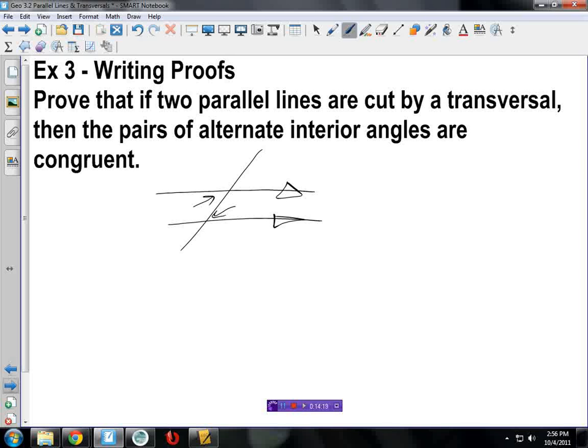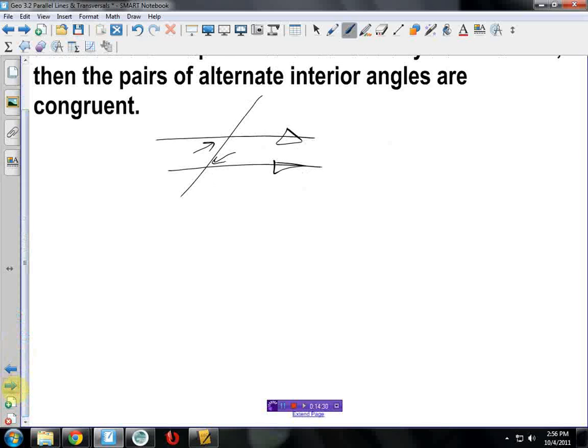So what I want to do is I want to prove those two are equal using information they gave us and sounding pretty official, okay? I don't want to just say, oh, small angle equals small angle, done, right? Because that's not official. That's just kind of a way for us to remember it, okay? So this is how I want you guys to write proofs.